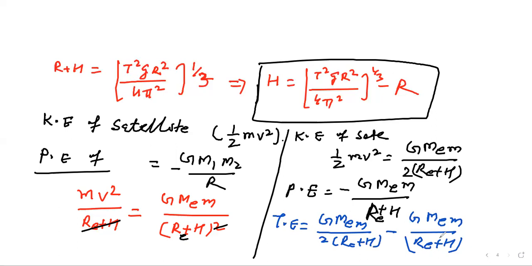So finally we get the total energy: minus G ME m, where ME is the mass of Earth and m the mass of the satellite, upon 2(RE plus H). This is the total energy of the satellite. Write it down.